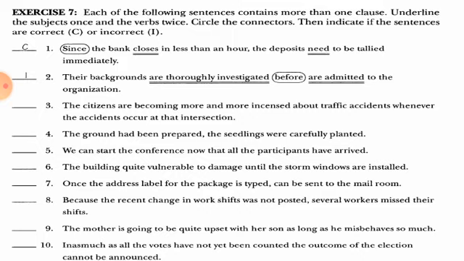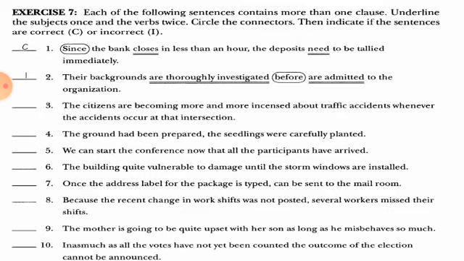Question number 3. The citizens are becoming more and more incensed about traffic accidents whenever the accidents occur at that intersection. This sentence is correct. Question number 4. The ground had been prepared.